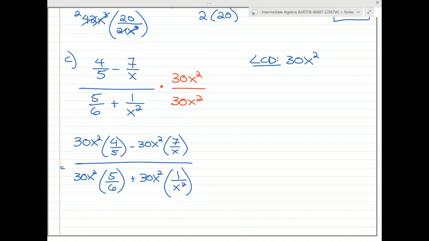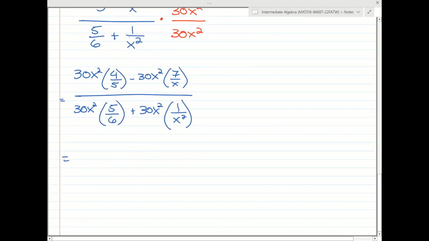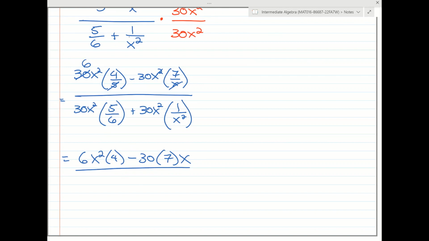Get that. Now let's simplify. 5 goes into 30 6 times, so this would be 6 times x squared times 4, minus x goes into x squared once. This is just 30 times 7 times x, all divided by 6 goes into 30 5 times. So 5 times x squared times 5.